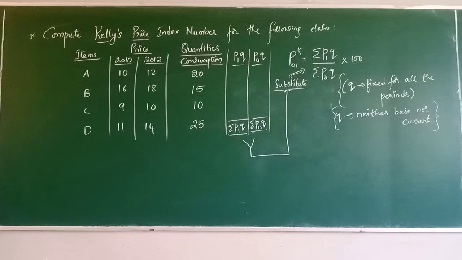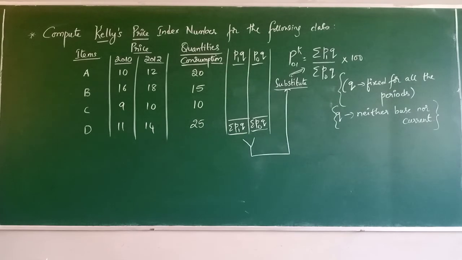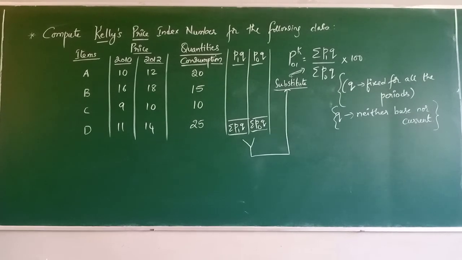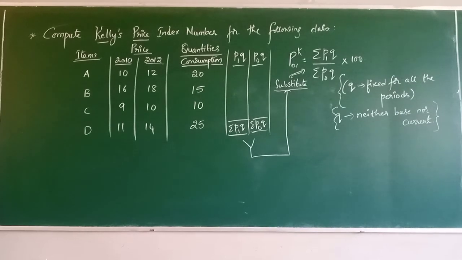So far we have seen Laspeyres method, where they have taken the weights as base year quantities, and Paasche's, current year quantities. So in Kelly's index number, the quantities used are fixed for all the periods.